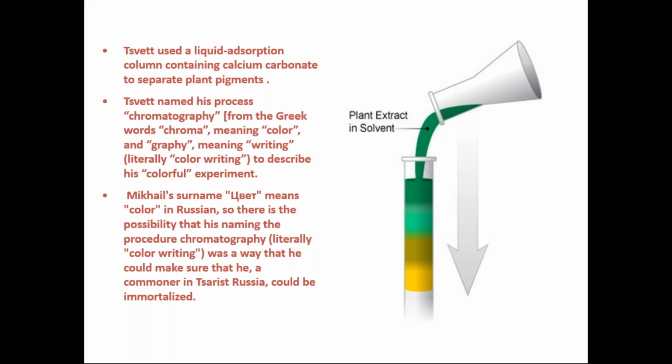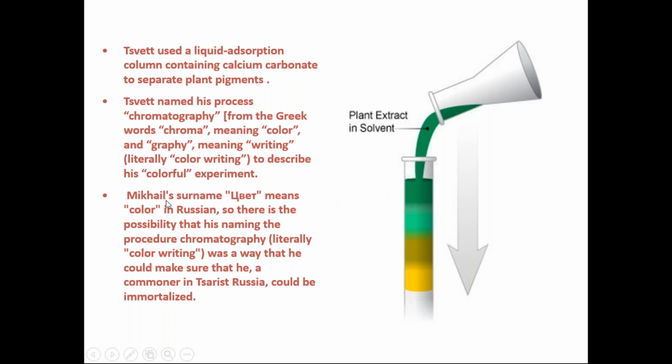He saw that it could separate into different colors, and so he named this process chromatography. Chroma in Greek means color, and graphy in Greek means writing. Literally, it means color writing.